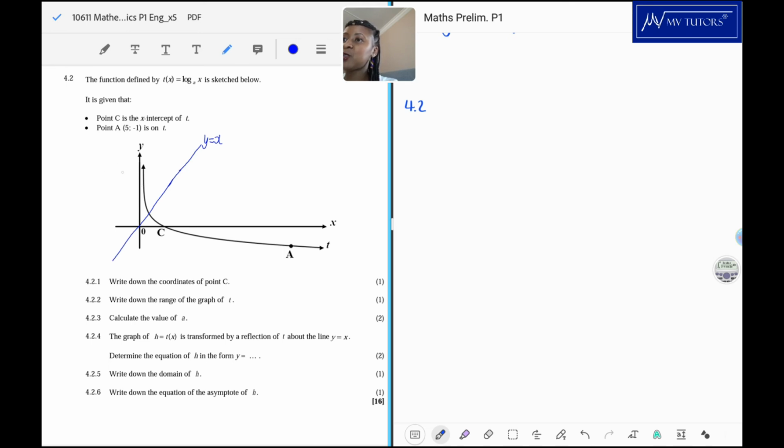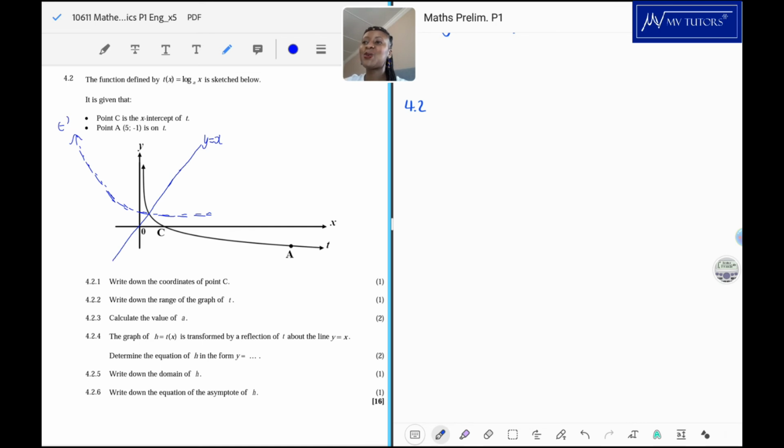Trying to see how I can draw it nicely. It would do something like that. So if that's t, that would be its inverse.